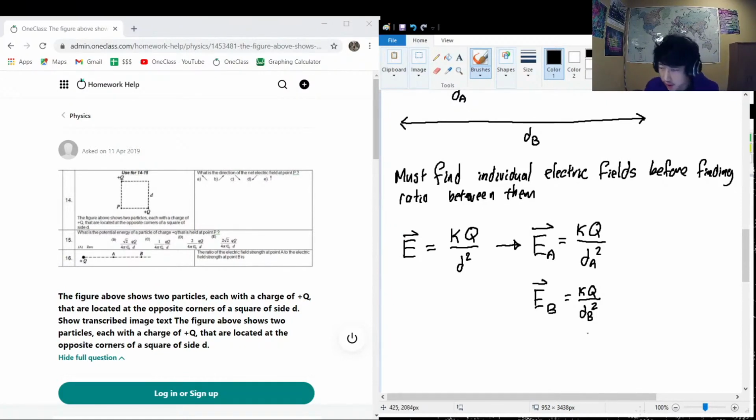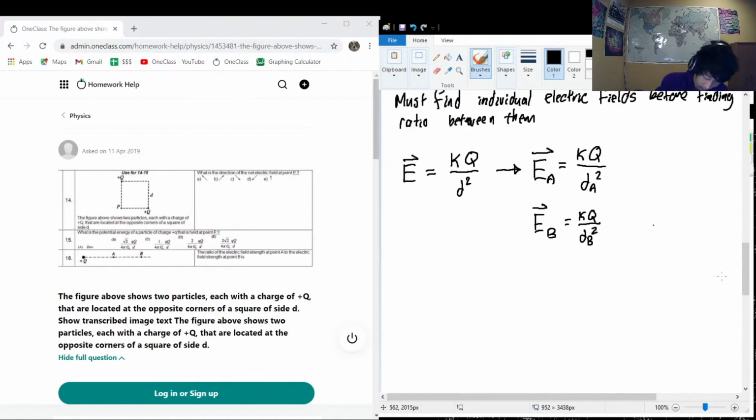Okay, so for the ratio between the electric field strength of point A to point B, we're going to want to do something like this. So the ratio is going to be, we want to take the electric field strength of A and divide it by the electric field strength as observed from B. Now we just got to sub the stuff in.